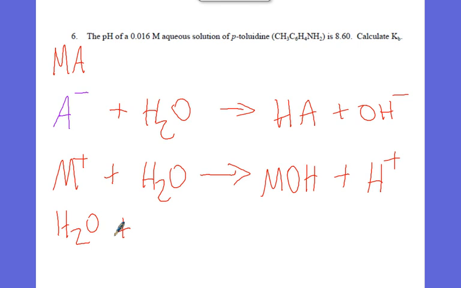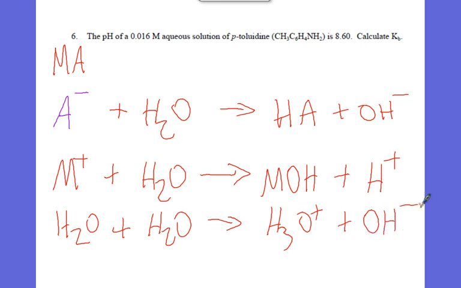Water plus water makes hydronium and hydroxide. If you've got regular boring water at room temperature, the reaction ends up at 1 times 10 to the minus 7 and 1 times 10 to the minus 7. And so the pH is 7, or the pOH is 7.